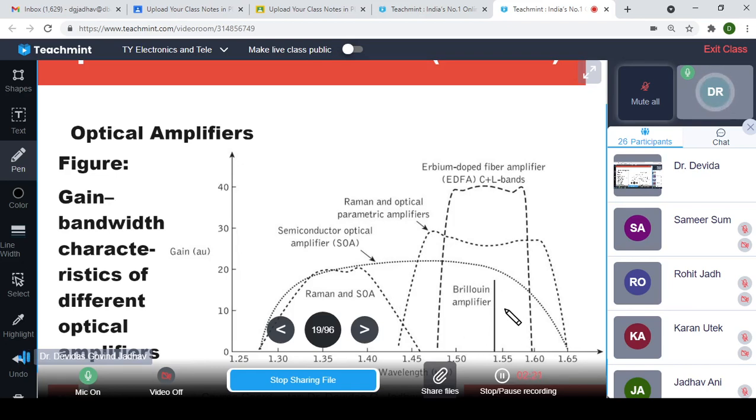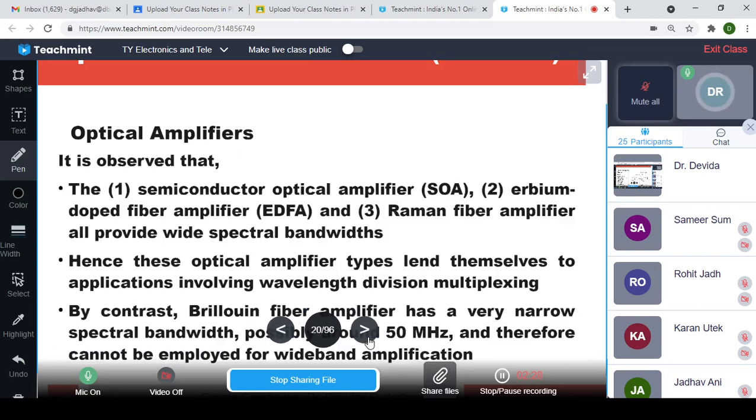But if you check the Brillouin amplifier, it has a very small bandwidth, 50 megahertz. So only the Brillouin amplifier is a small bandwidth amplifier. So semiconductor optical amplifier, erbium doped amplifier and Raman amplifier have wide spectral bandwidths.